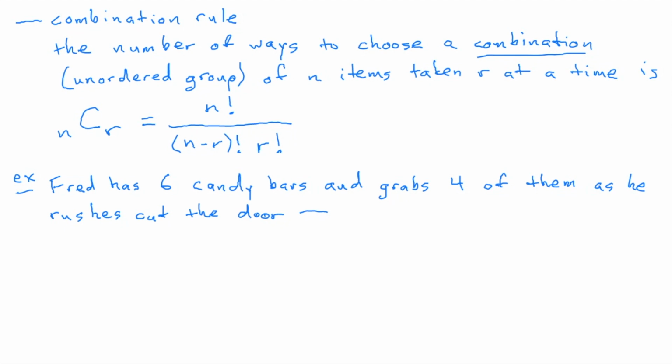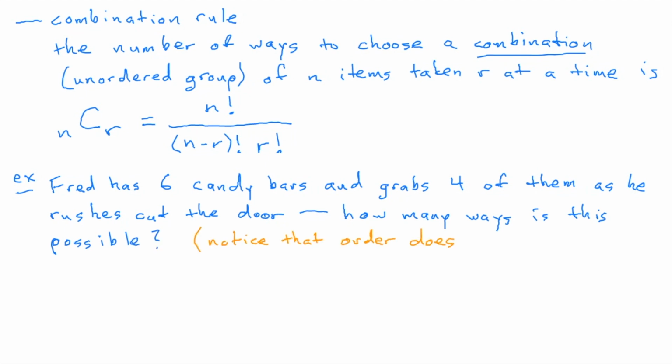There was no ordering. So combinatorics questions always start with how many ways is this possible? And I think I'll switch colors just to emphasize what I'm saying here. Please notice that order does not matter. So if you had to work some problems in combinatorics, the first question you always ask is, it's a combinatorics question because you see this phrase, how many ways?